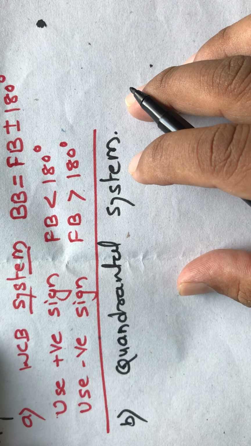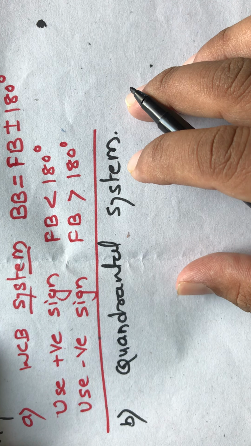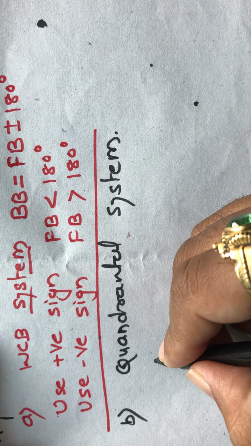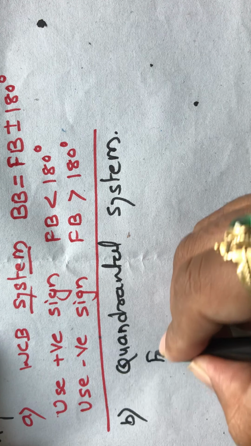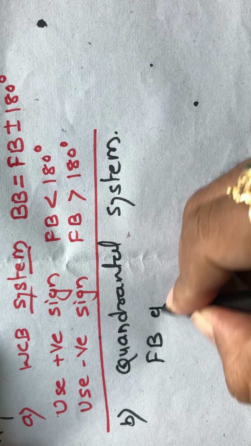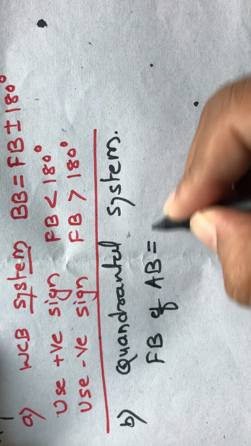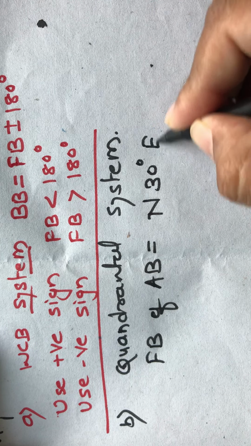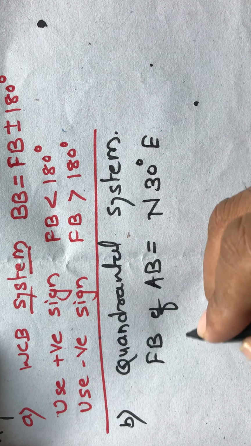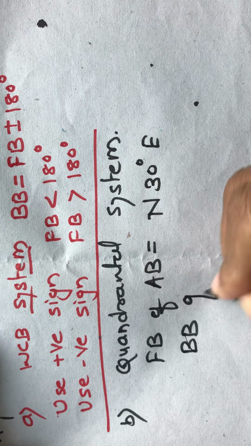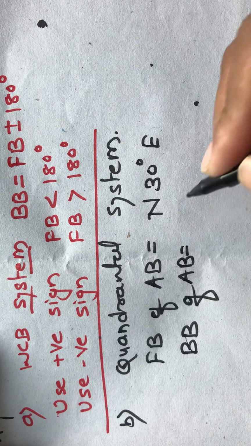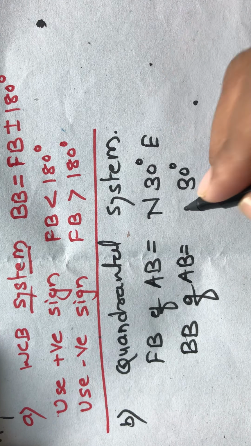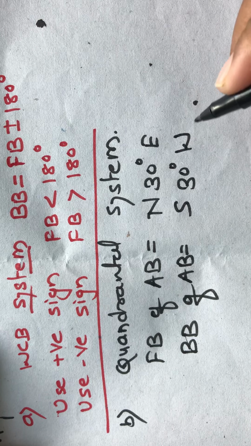For example, suppose the fore bearing of AB equals north 30 degrees east, correct? So what will be the back bearing of AB? The angle will be the same, but the quadrant will be opposite: south west.